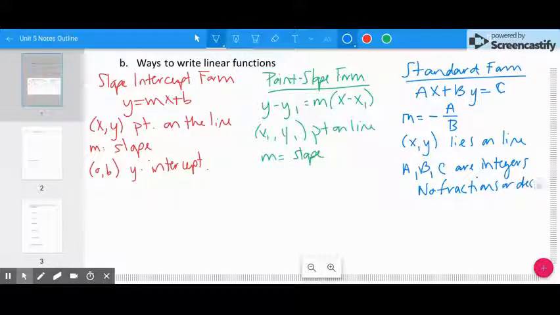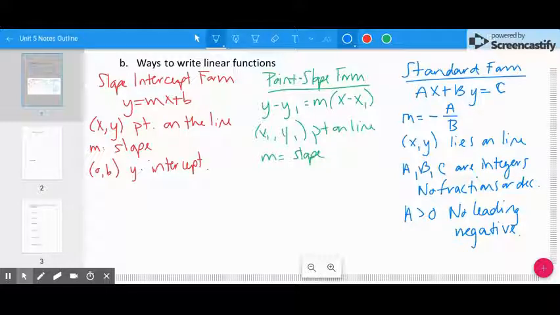So if we're writing into standard form, we have to make sure to get rid of those. And then the last thing we have to keep in mind is that the a needs to be greater than 0 to be in technical standard form. So that means we can't have a leading negative. So if that happens, you'll just multiply everything by -1, and that'll take care of it.